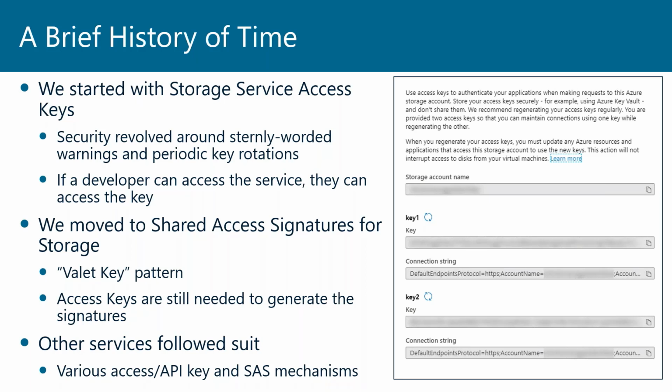So this kept our access keys a little bit more secure. And again, it meant that we could limit the access that services had to our storage rather than this full carte blanche access. A little later on, additional services started showing up in Azure, and they had different combinations of API access keys, shared access signatures, and so forth to protect the data that they worked with.